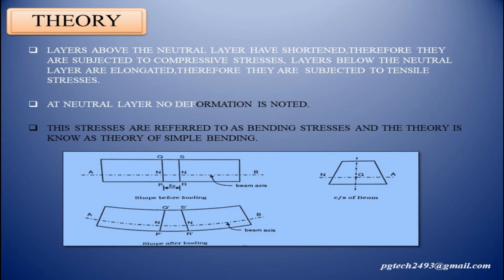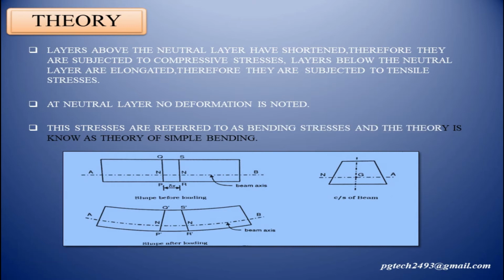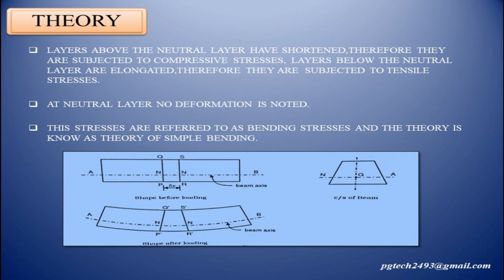Stress at the neutral layer should be zero since no deformation is noted. These stresses are referred to as bending stress, and this theory is known as theory of simple bending.